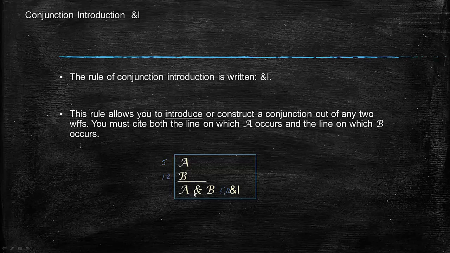You could also have written B and A. There's no order that's presumed here. So if you wanted to write B and A, then you would write 12, 5, and introduction. So both of those are part of the rule.